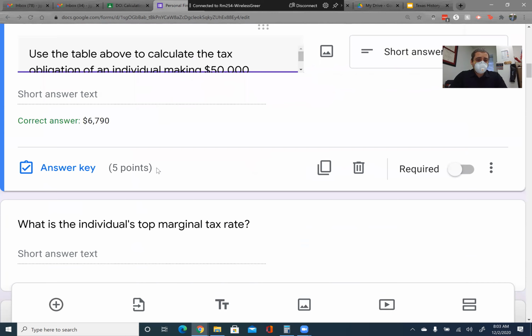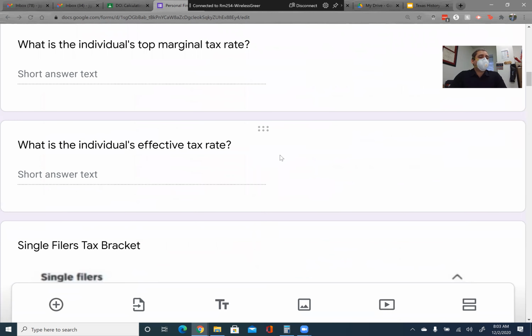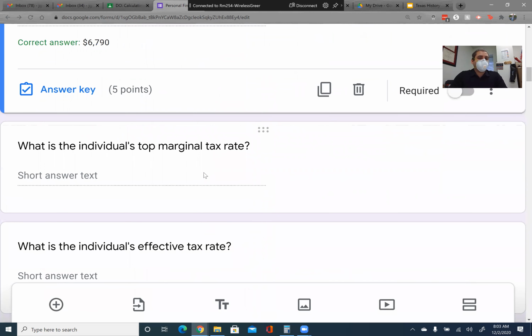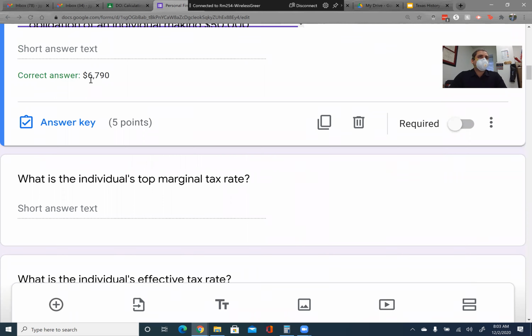And their effective tax rate you get by dividing 6,790 by 50,000. Just real quick, 6,790 divided by 50,000. That's an effective tax rate of 13.6%.